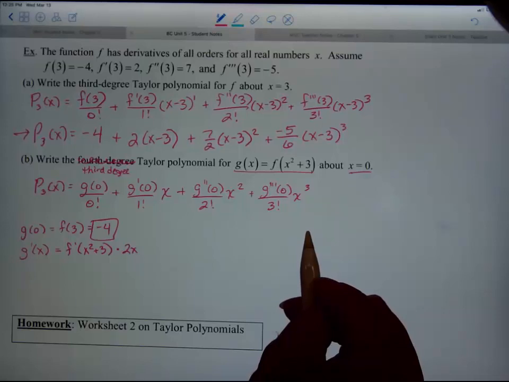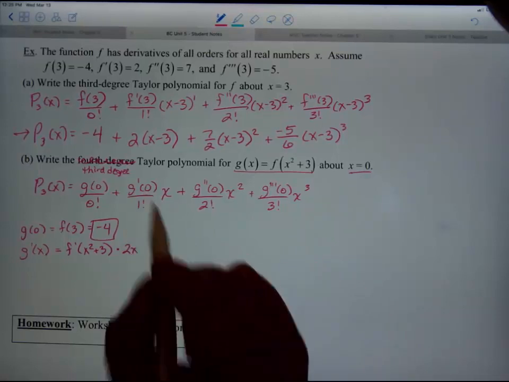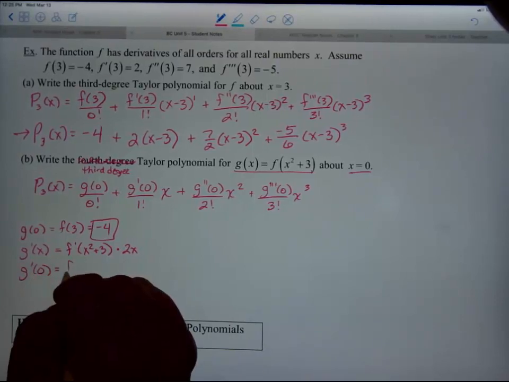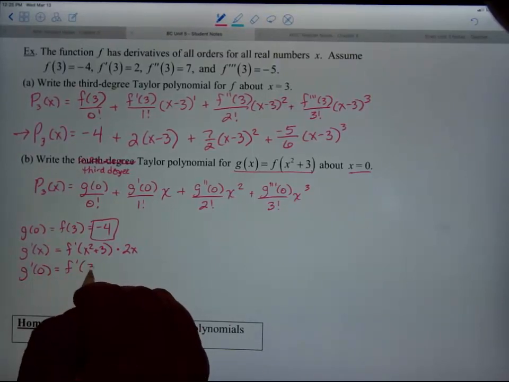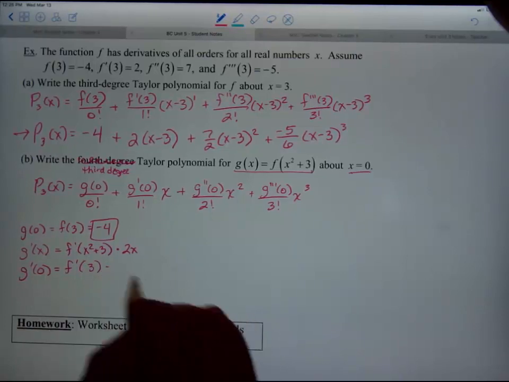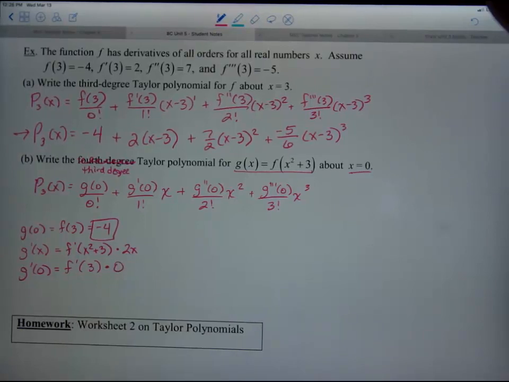Now they want us to find g prime of 0 according to the formula. So I'm going to plug a 0 in. g prime of 0 equals f prime of 3 times what? 2 times 0 is 0. So I don't even have to go look and see what f prime of 3 is. What's my answer going to be? 0.